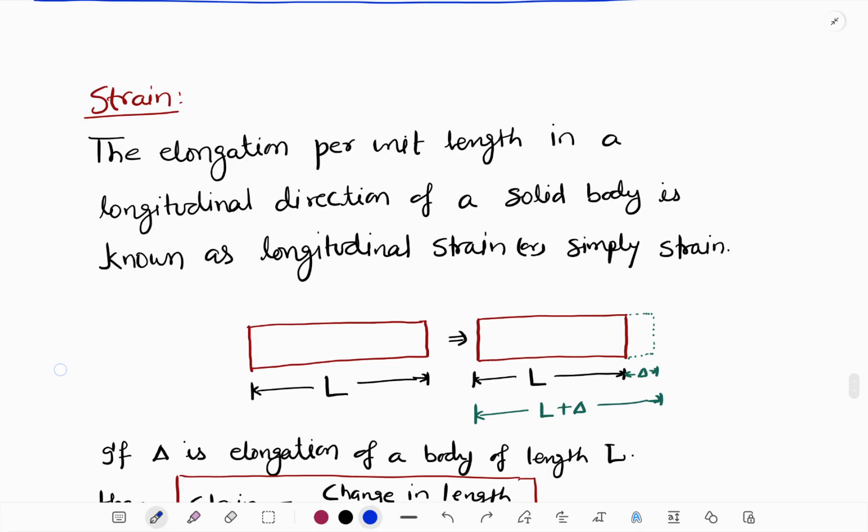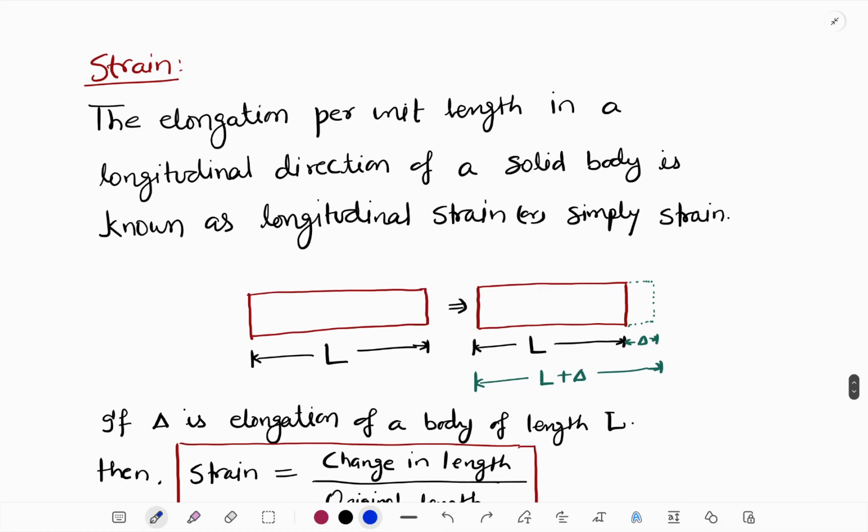So how does it happen? Here we can observe a solid member. If this member is subjected to tensile loading conditions, what will happen?